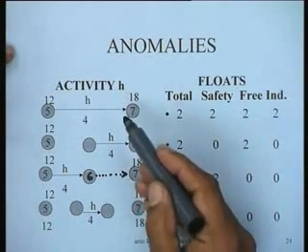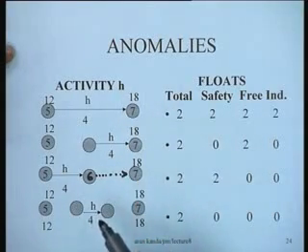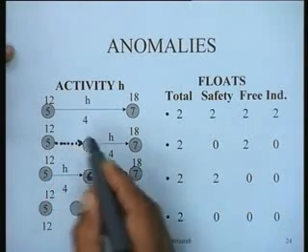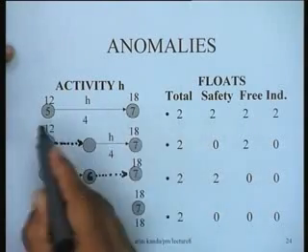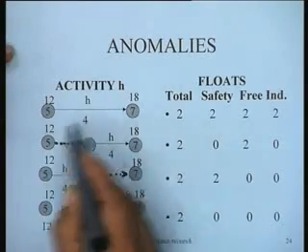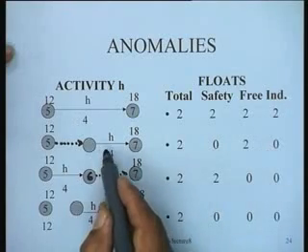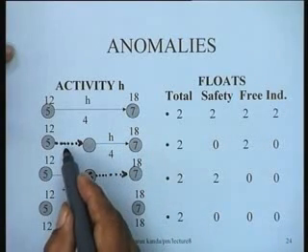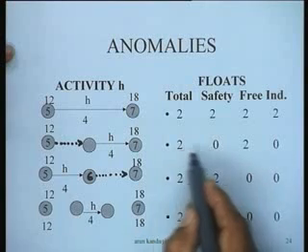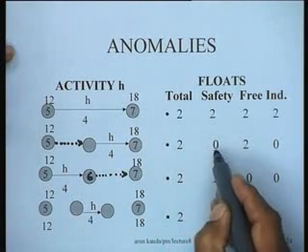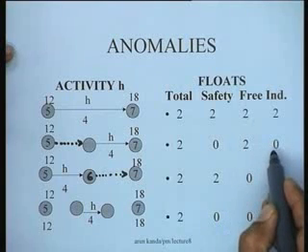Now what I want to just share with you here is that depending upon the placement of the dummy, if H was a single activity without a dummy, then these would be the node times, all the floats would be equal. If H was preceded by a dummy, you find that the total float is 0, the safety is 0, the total float is 2, the safety is 0, the free is 2, and the independent is 0.